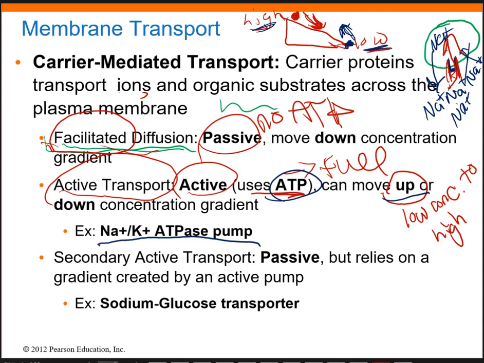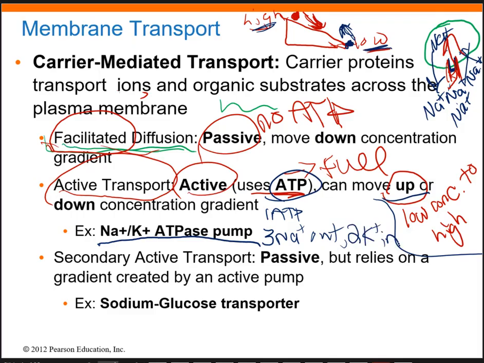The sodium-potassium ATPase pump spends 1 ATP, okay, so 1 unit of energy, and with that 1 ATP, it pumps 3 sodium out and 2 potassium in to the cell.